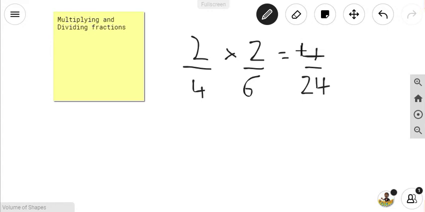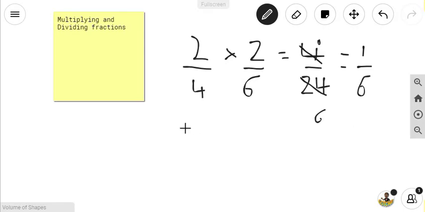So if you say 4 into itself is 1, and then if you look in the 4 times table, see where 24 comes in, you see it's 6. So this will be reduced to 1 over 6.